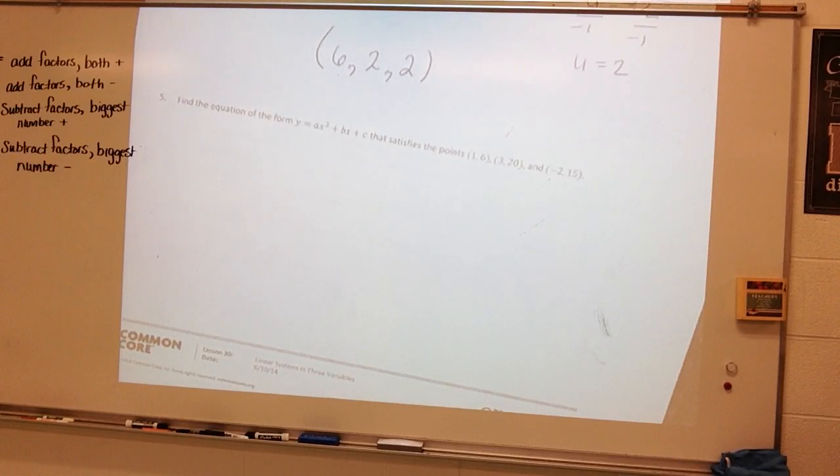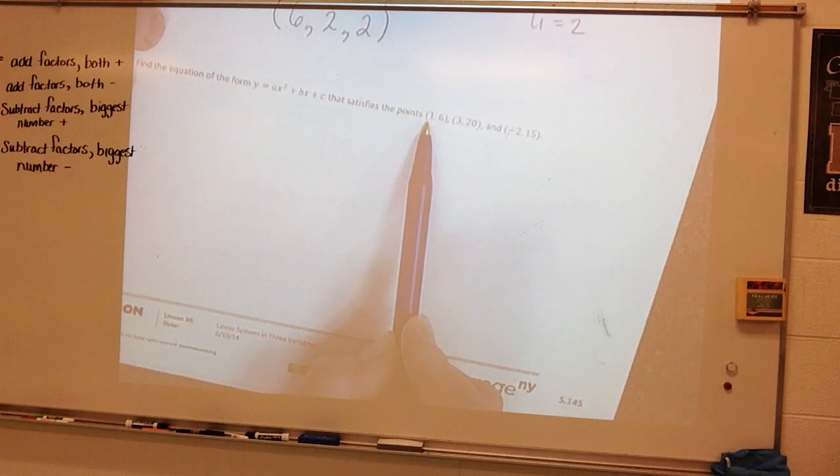I know that my y coordinates are 6, 20, and 15, which means that I can set up 3 systems of equations here. We know 3 ordered pairs. Let's create those equations.